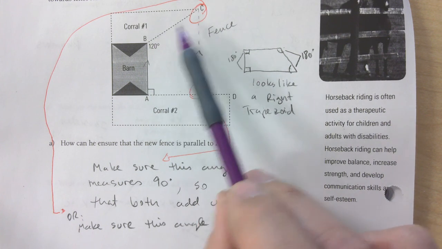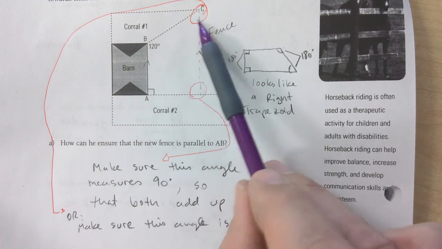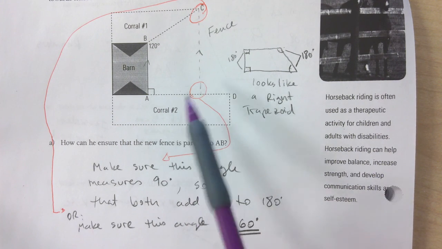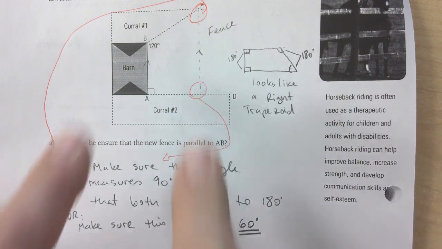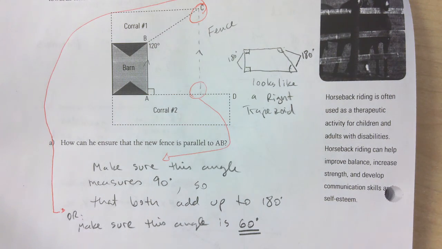But what you're after is that the sum of the consecutive angles here would have to add up to 180. So both ways are actually going to ensure that these lines are parallel, because that's a condition for a right trapezoid. All right. We're good.